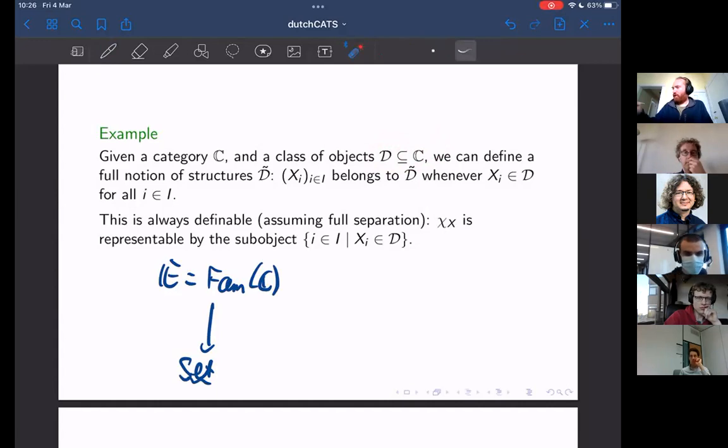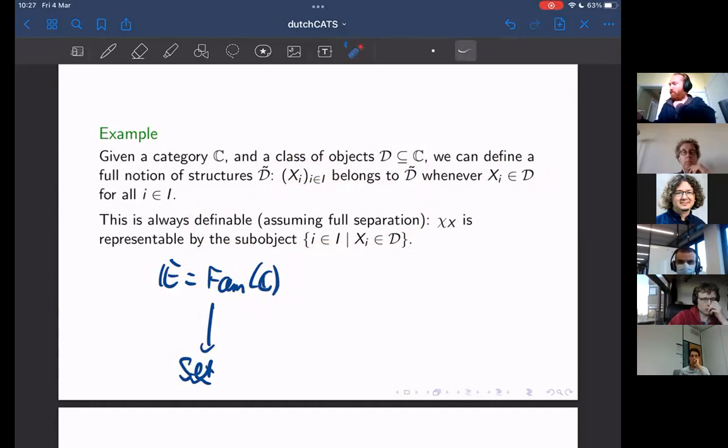In this case we have our class of objects D in our category C, and we can make this into a full notion of structure on these families here. We say that this family of objects belongs to D tilde whenever every object in the family belongs to D. This is always definable, assuming full separation.